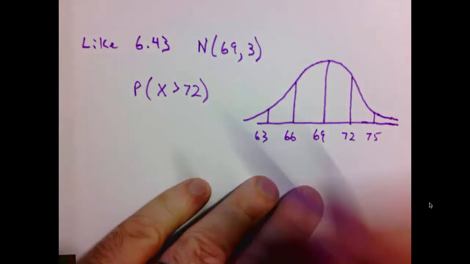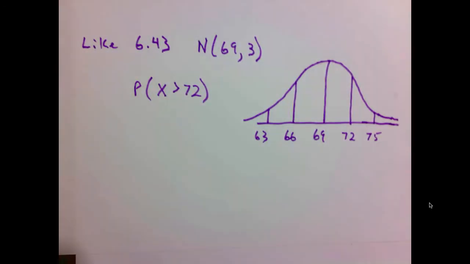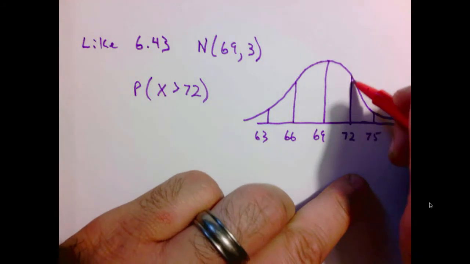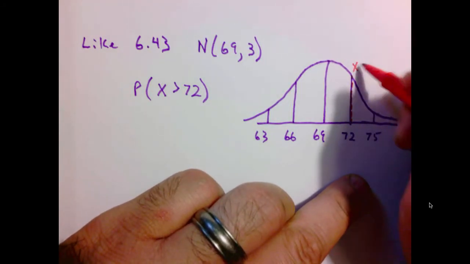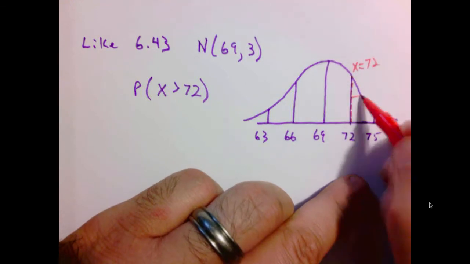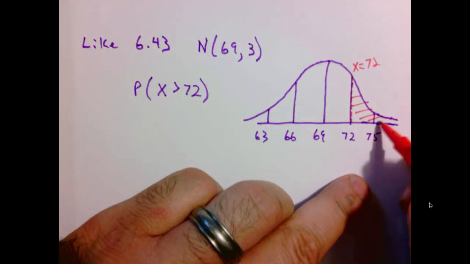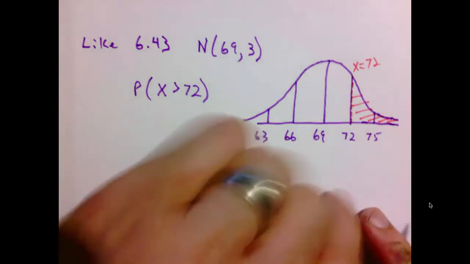We want to know the probability that x is greater than 72. That would be right on this line. This is an x value of 72, and we want this area here. We can already get an approximation.